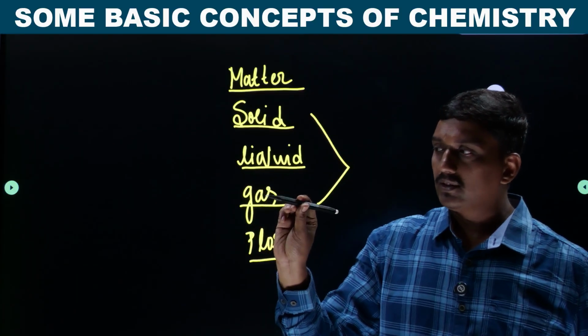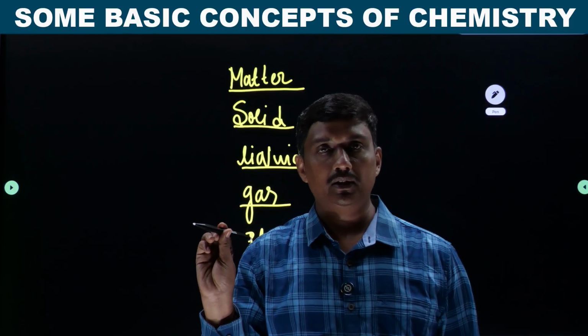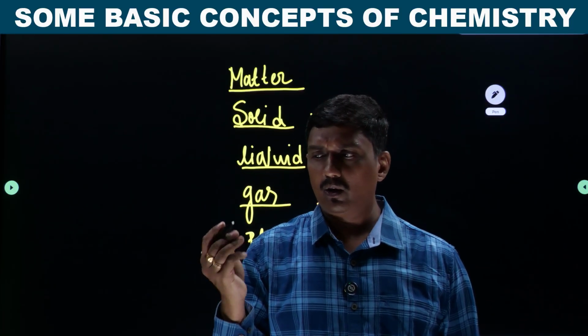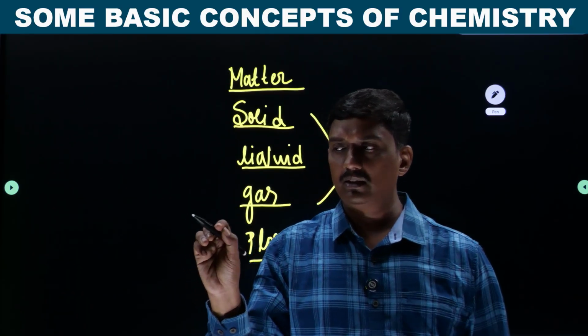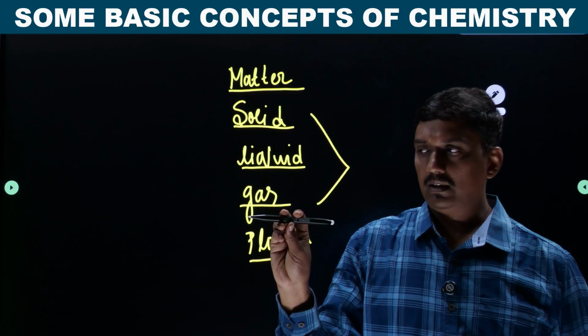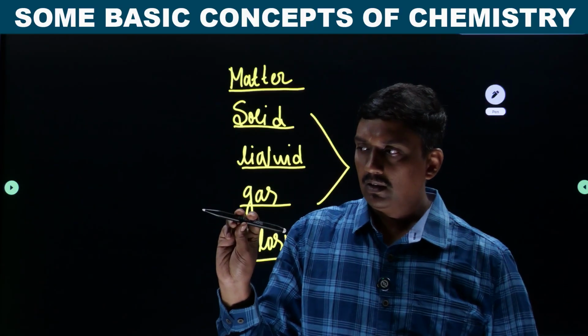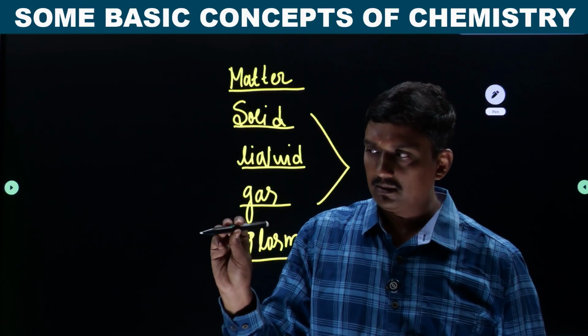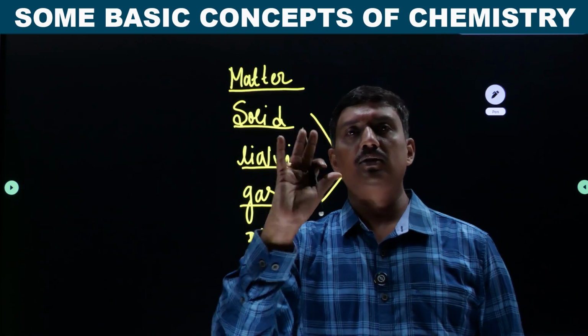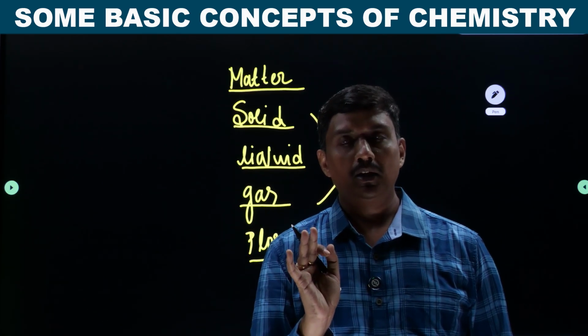If I ask what is its state, you say it is a solid. Why? How do you define this? Yes, you can say it is a hard material and it has a particular length and it has mass and it is occupying space, hence it is considered to be matter.